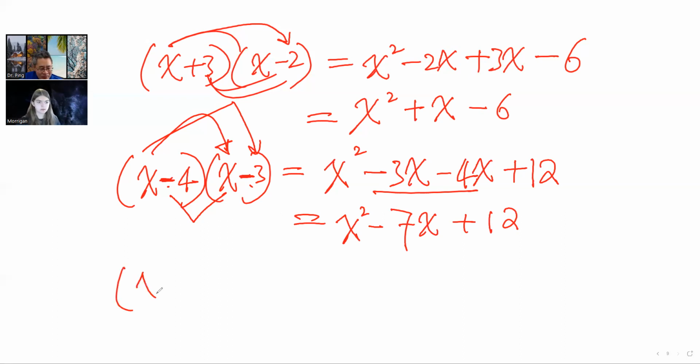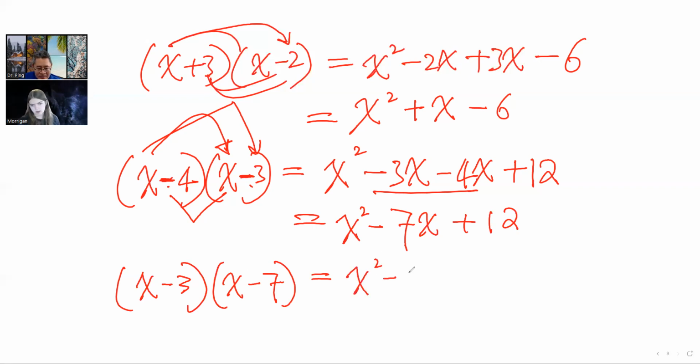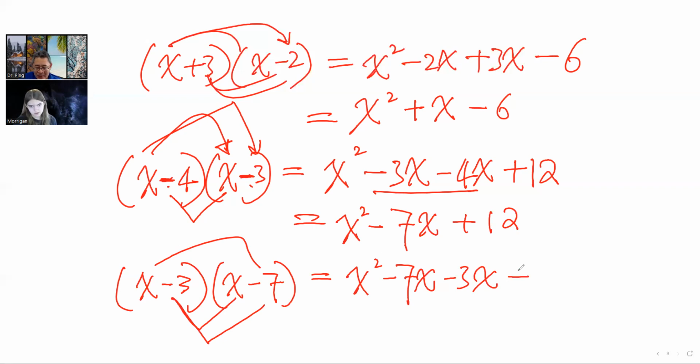Let's do one more. X minus 3 and x minus 7. The x squared minus 7x. Then minus 3x. And negative times negative is positive, right?